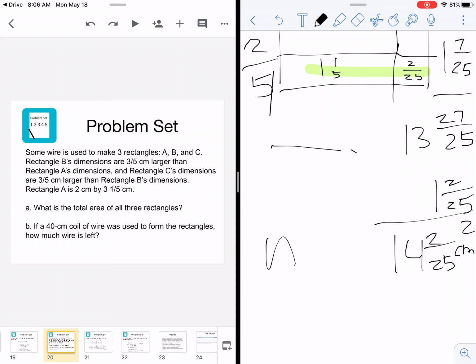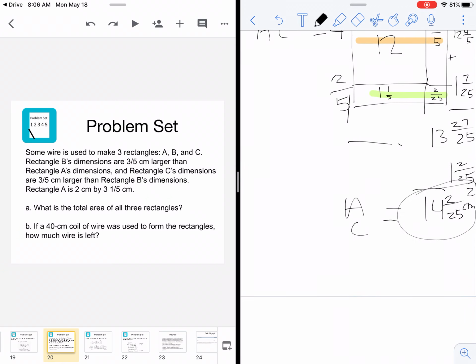So that is the area of C. Wow. So that was just doing A, you guys. So we found the area of the 3. A is 6 and 2/5 centimeters squared, B is 9 and 22/25 centimeters squared, and C is 14 and 2/25 centimeters squared.